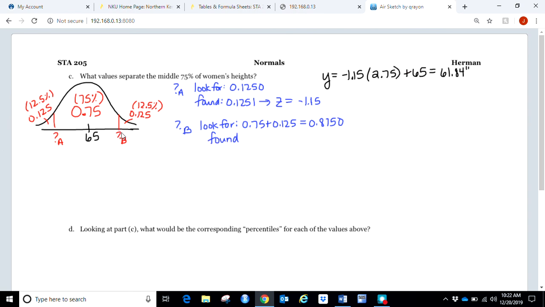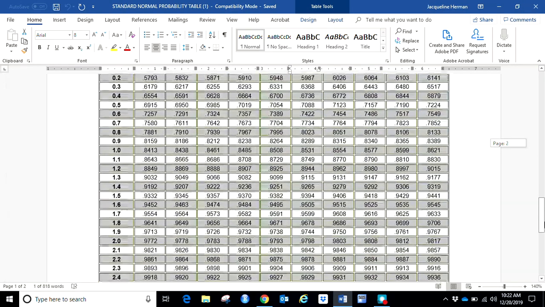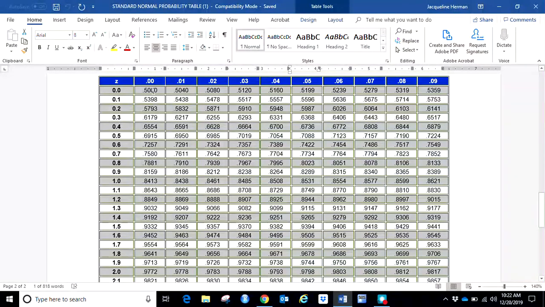This time we know our z should be positive since we are above the mean. So we're looking for 0.8750. Looking for our jump is between our 0.86 and 0.88. Closest thing we find is this 0.8749.